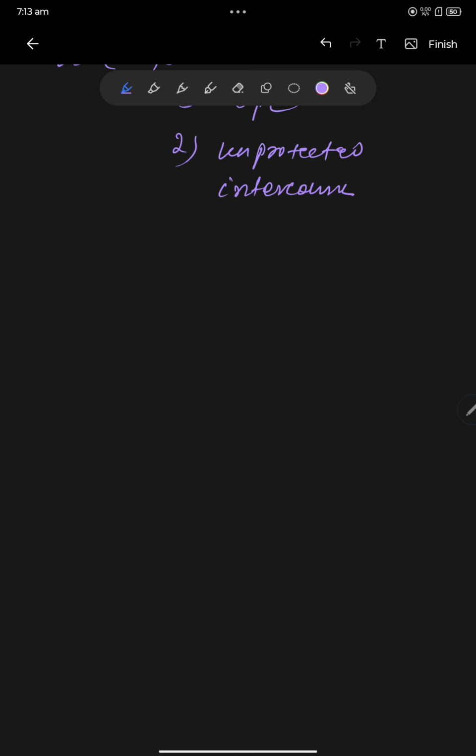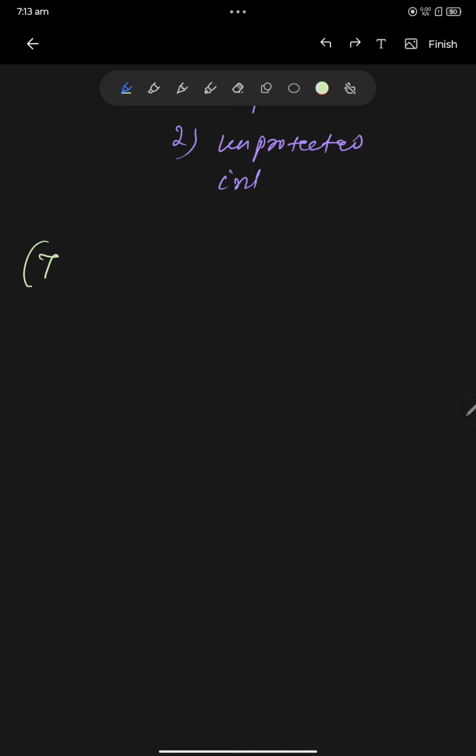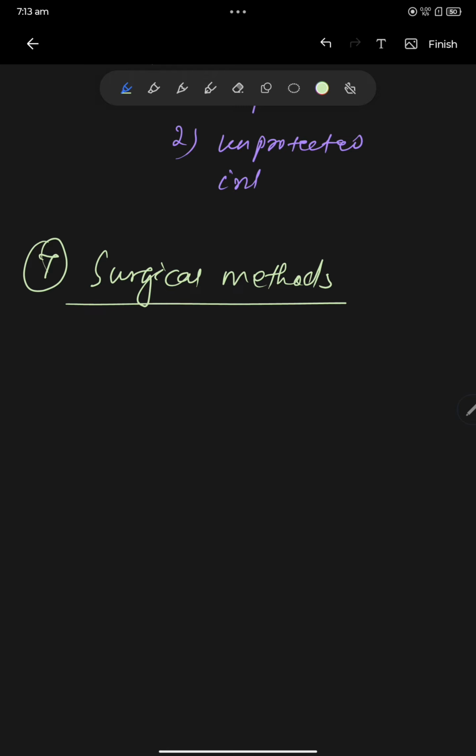Now the last method of contraception is the surgical method, the seventh one. This is otherwise known as sterilization. Okay, so this is a permanent contraception.